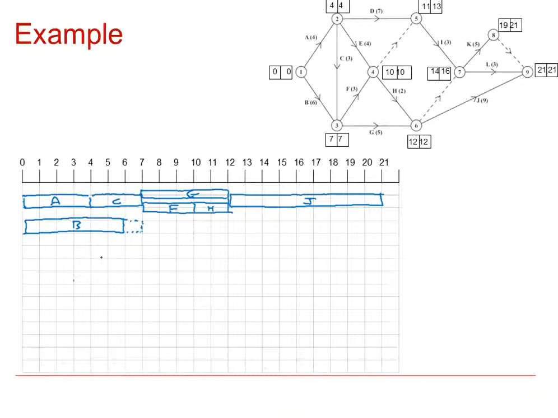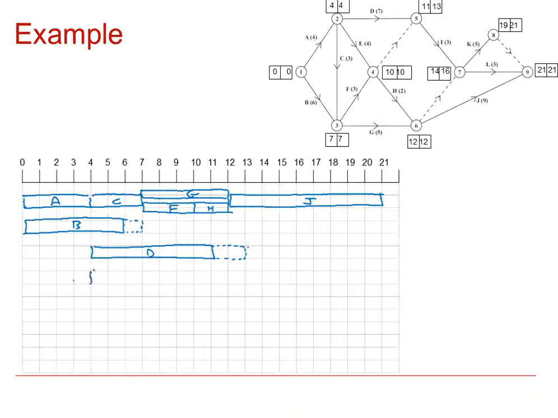Now if we look at non-critical activity D, it could start as early as 4 and last for 7 units, so that would take us from 4 up to 11. However, if you look at D, it could finish as late as 13, so that would give us 2 units of float if necessary.